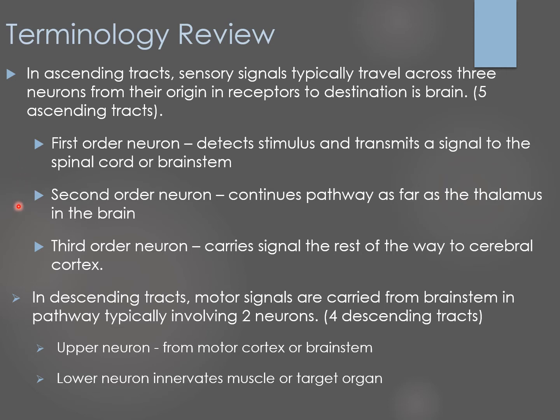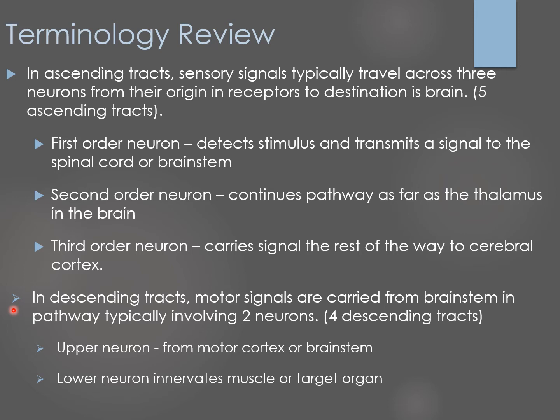A second order neuron continues that pathway from the first to the thalamus in the brain, and we're going to do brain next chapter. Our third order neuron carries that signal from the thalamus all the way to the cerebral cortex.